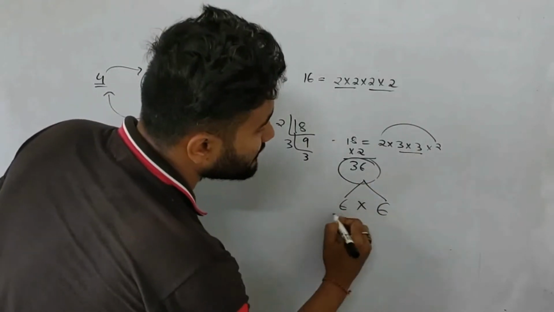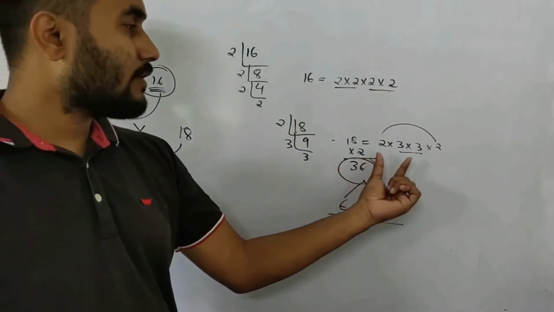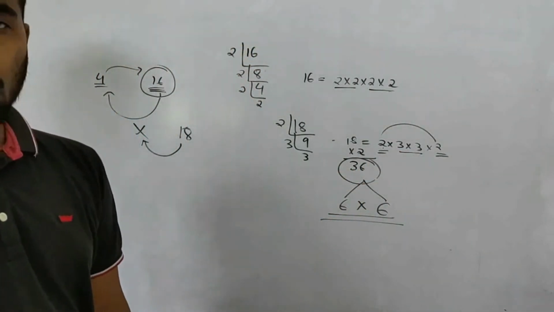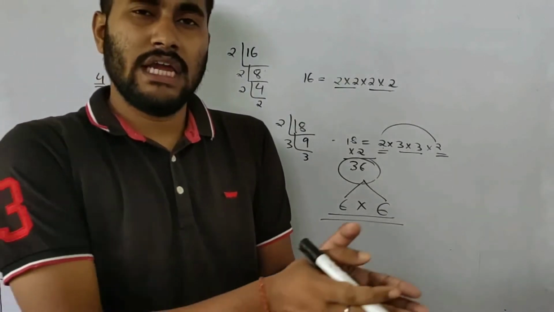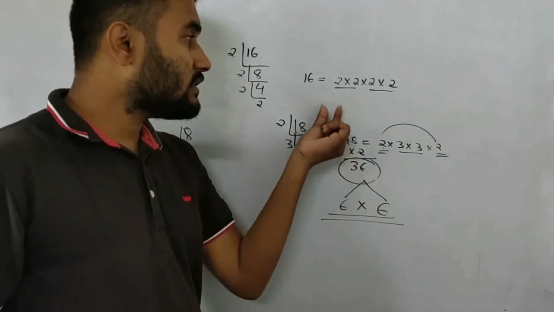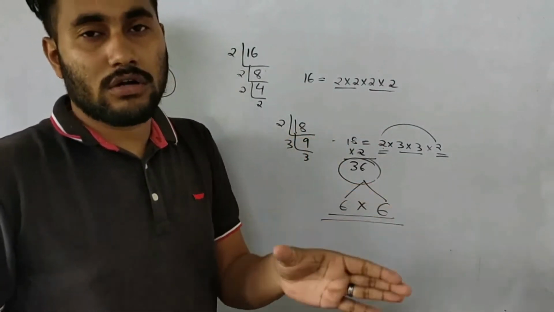6 sixes are 36. So you see, if it is a perfect square, its factors will stay in pairs, and if it is not a perfect square, they will not stay in pairs. So while solving the questions, we have to see whether the factors of that number are in pairs or not.